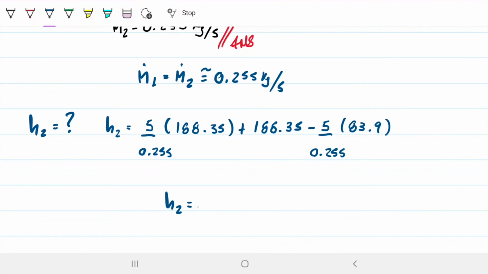H2 is, what did I get? Approximately 2239.8 kilojoules per kilogram, which is the answer for part B.